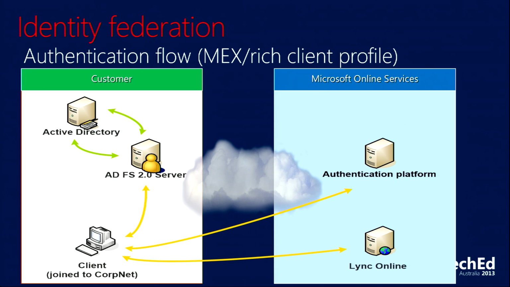The ADFS server is going to come back and get a user's logged on NTLM token or a Kerberos ticket and transform that into a SAML 1.1 token, which is then going to be returned back to the client, which is going to return it to the authentication platform. And again, we get back the auth token, which is given to our client, and we're able to sign in to Link Online.